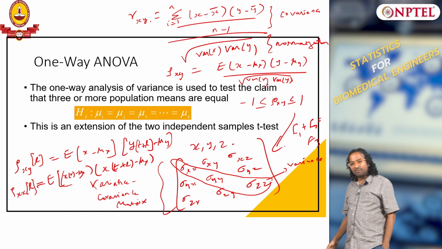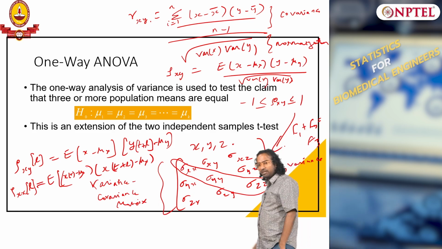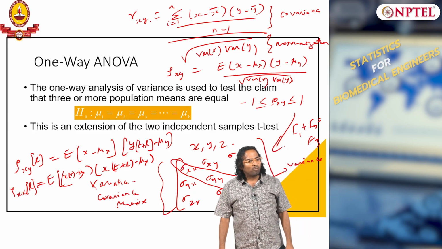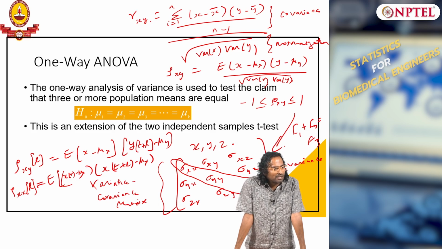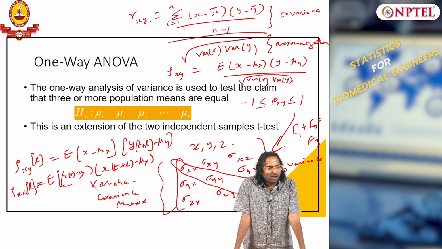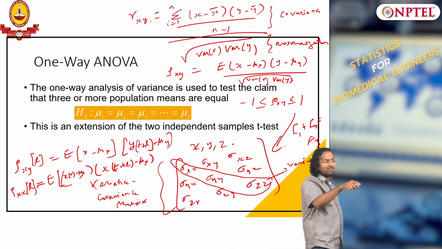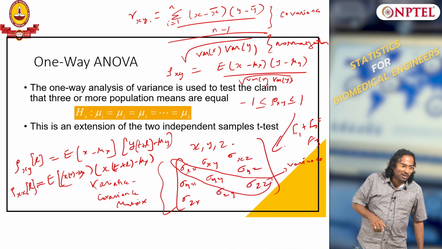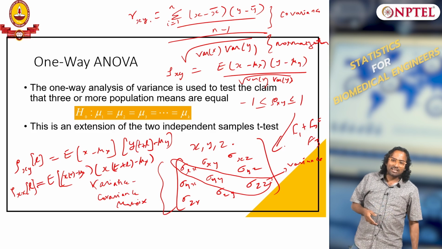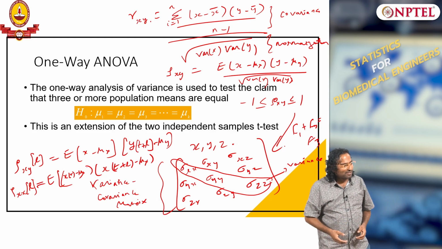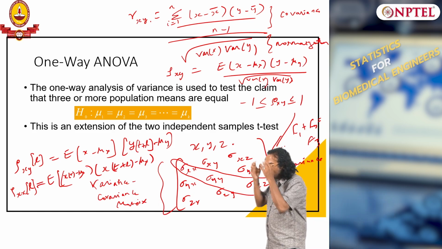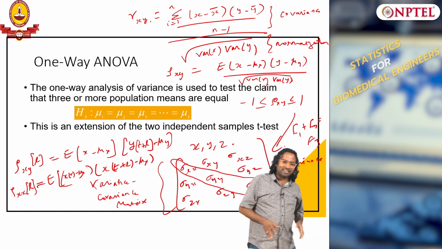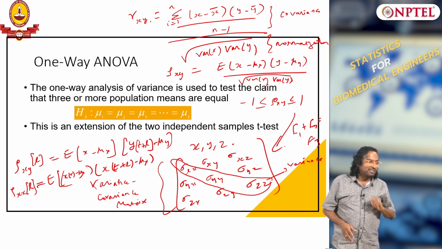So you have different treatments and you have the mean of each treatment, and you are assuming that none of them is different from the other, so all are equally useless. That is your null hypothesis, and of course you want to reject it. Basically you want to say at least one method is working, but the first hypothesis is that all are equally useless in treating the underlying complication.